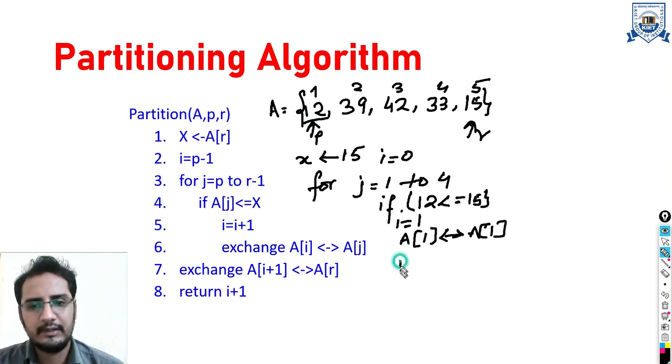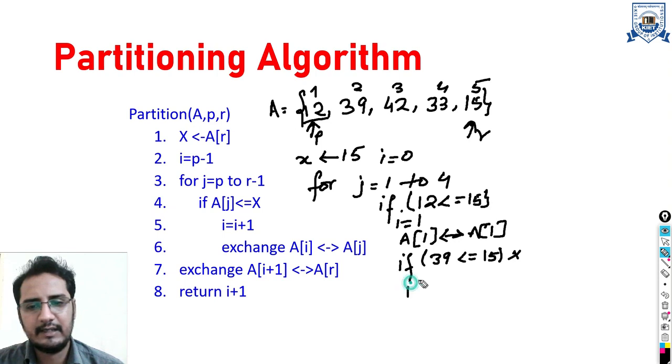Now if A of 2, that is 39, is less than or equal to 15, that is incorrect. So we'll move.